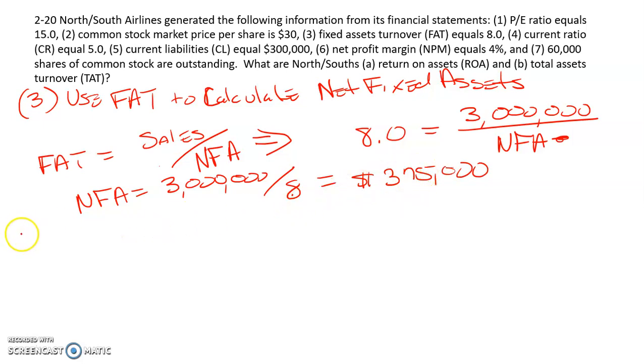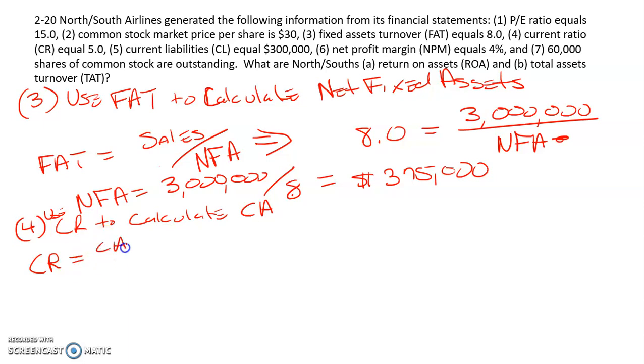Now we're going to use current ratio to calculate current assets. The current ratio is 5. We're trying to figure out what our current assets are, and current liabilities are $300,000.